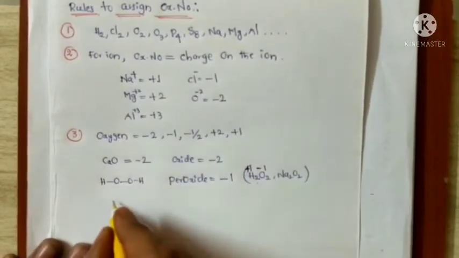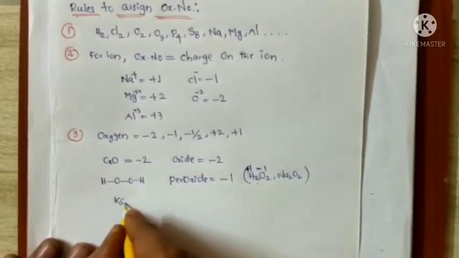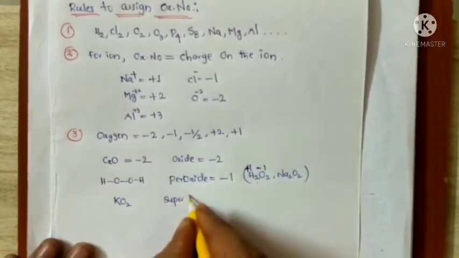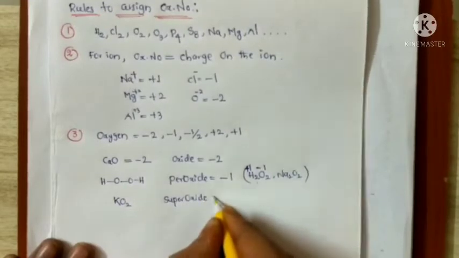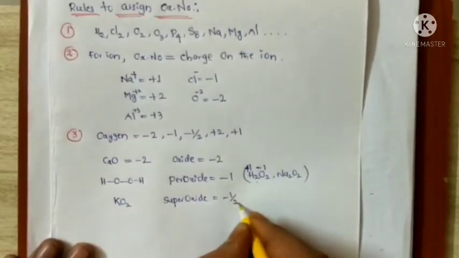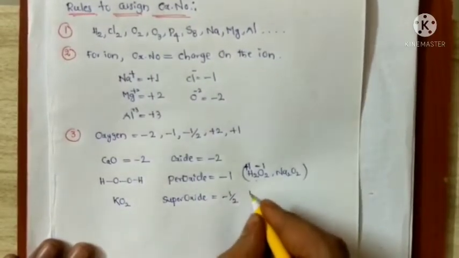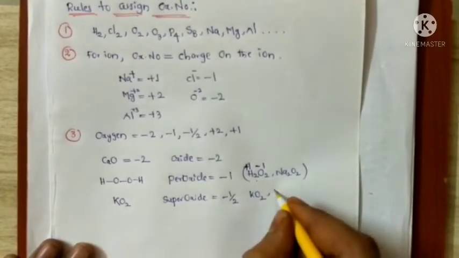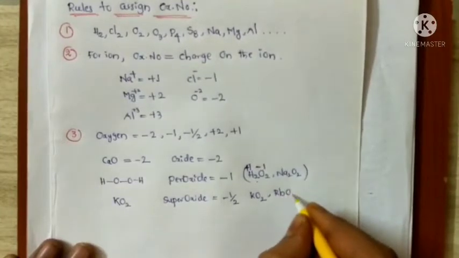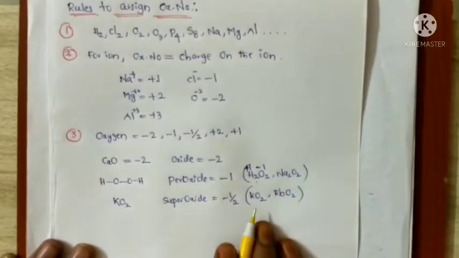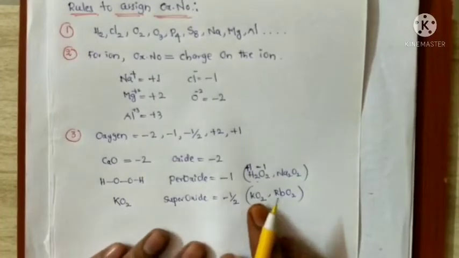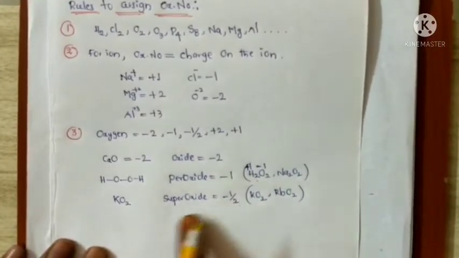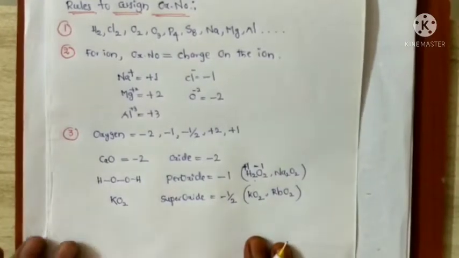And the best example for -1/2 is KO2, a superoxide. The compounds are potassium superoxide KO2 and rubidium superoxide RbO2. In these compounds, the oxygen oxidation state is -1/2. It is also called superoxide.